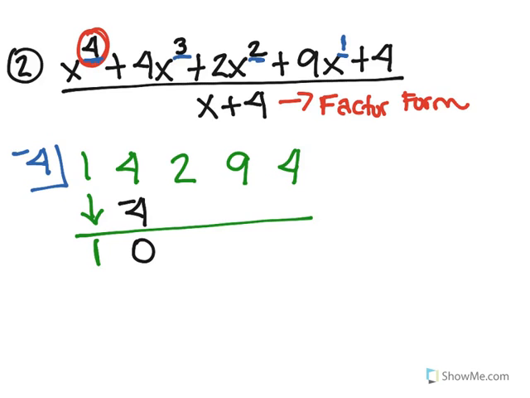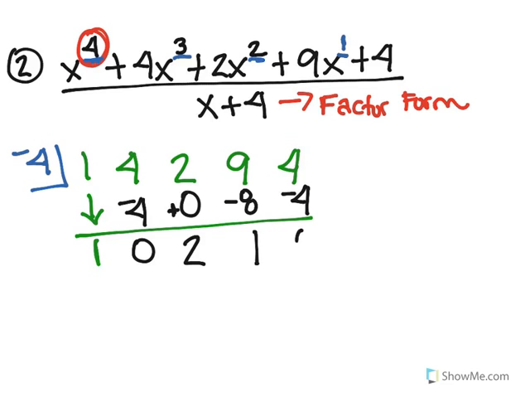Multiply 0 times -4 is 0. And we're going to add 2 plus 0 is 2. Multiply 2 times -4 is -8. 9 minus 8 is 1. 1 times -4 is -4.